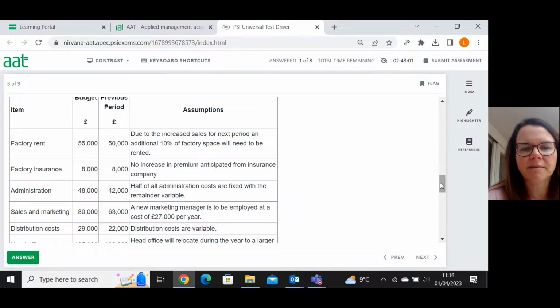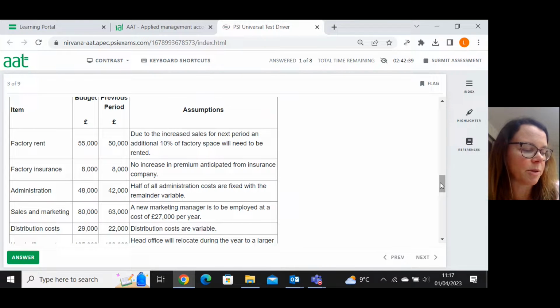They're saying no increase in premium anticipated, but that seems a bit unlikely if the insurance company were aware of all the facts. So just to read you what I've put, I said no increase has been included in the budget, despite the assumption that the business will be renting a larger space. This seems unlikely, as surely greater space comes with increased risk and hence increased insurance premium.